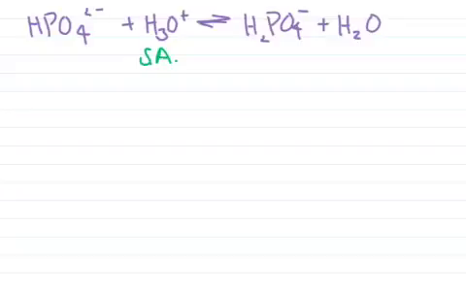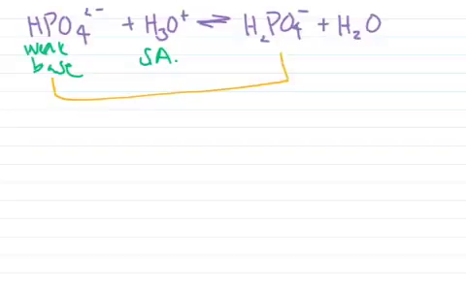And because our hydronium is our strong acid, we know that HPO4 2- must be our weak base. Now, its conjugate, H2PO4-, means it has to be the acid, and because a weak base needs to have a conjugate weak acid, H2PO4- is also our weak acid.